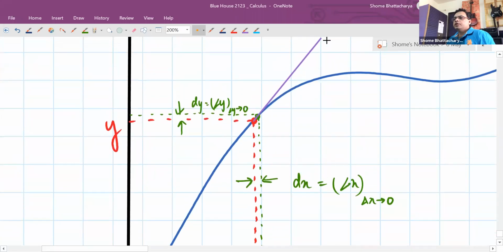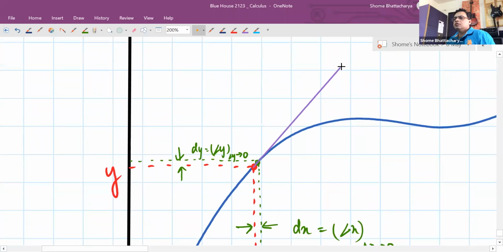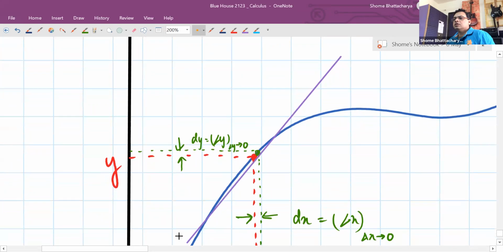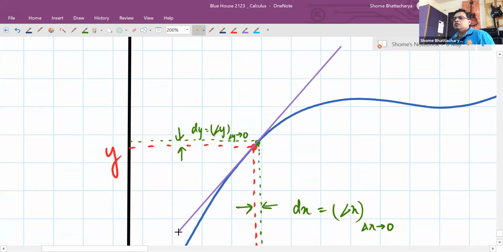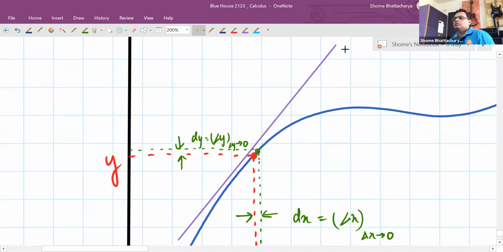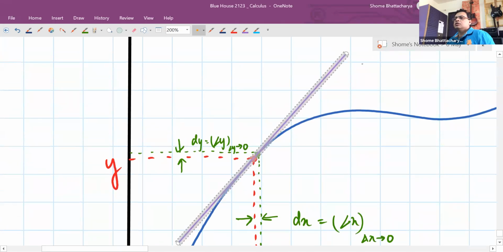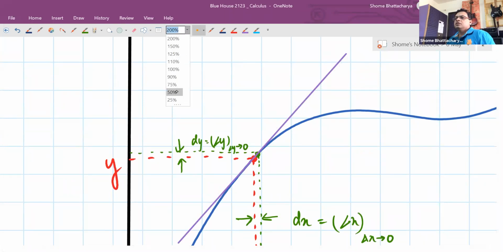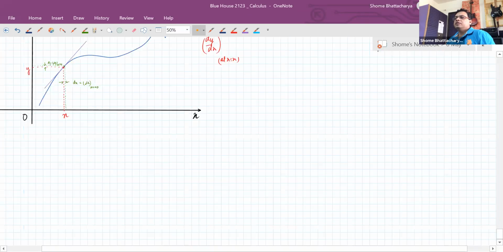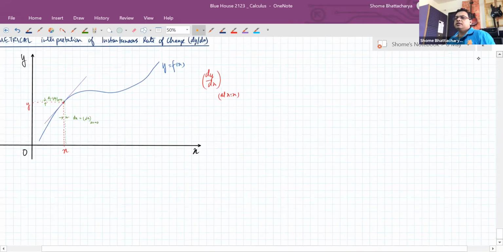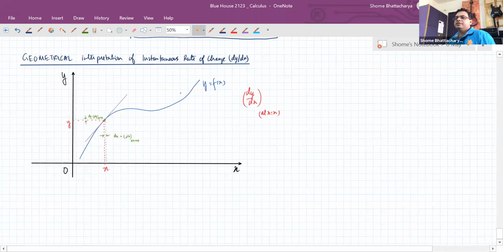If I join these 2 points, the line, hopefully I should get something that looks like this. When I zoom out of this diagram, you will see that this line looks like it almost touches the graph at one place. It intersects like 2 points, which are like consecutive points on the graph.